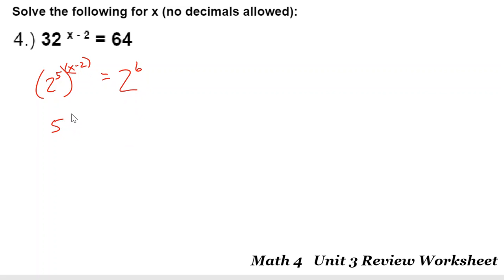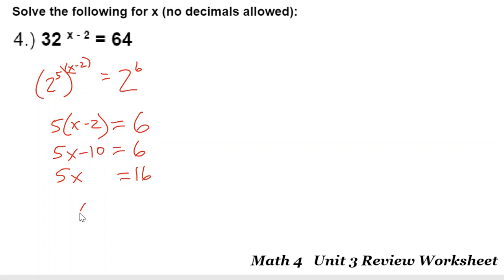Well, that means I should be able to say that 5 times x minus 2 is equal to 6, which is that. Add the 10 to the other side, divide both sides by 5, and I'm going to wind up with that because they said no decimals. So otherwise I would be saying something like 3.2.